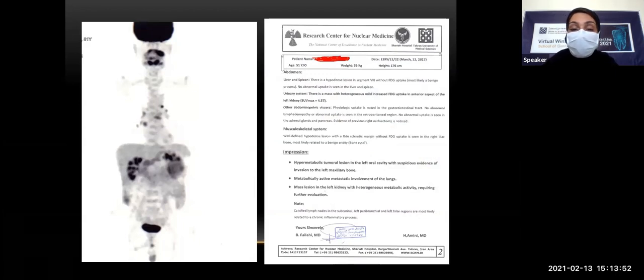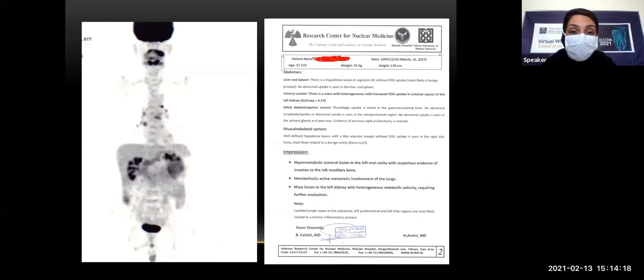And we suggested a PET scan for the patient, and as you see in this slide, a hypermetabolic tumoral lesion was seen in the left kidney of the patient, and the patient went to the oncology department, and chemotherapy was done for him.